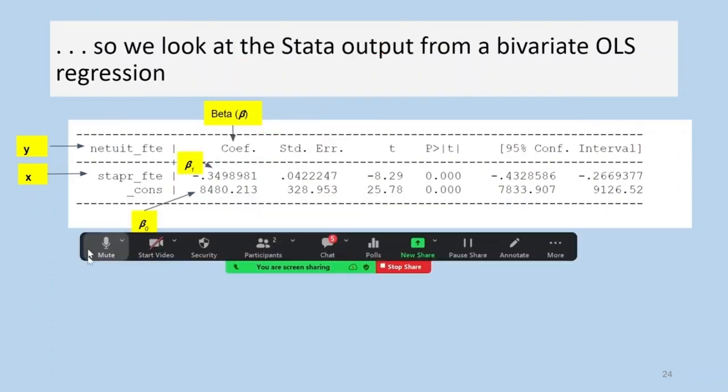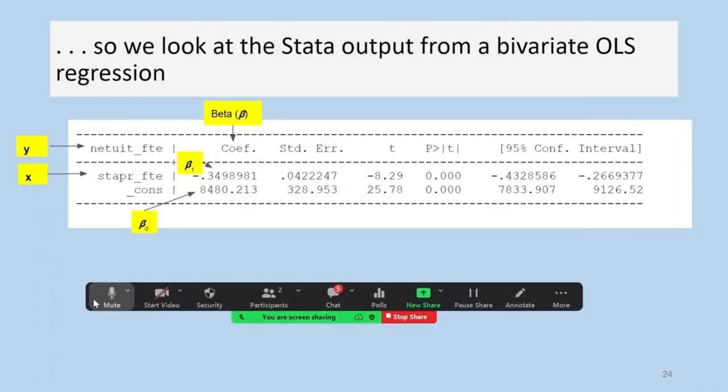So let's look at a Stata output. Actually, we just looked at one. From a bivariate OLS regression, we have the beta. Stata doesn't say it's beta coefficient, but it's really the beta coefficient here. It just says coefficient. This would be the beta 1, the value of the beta 1.